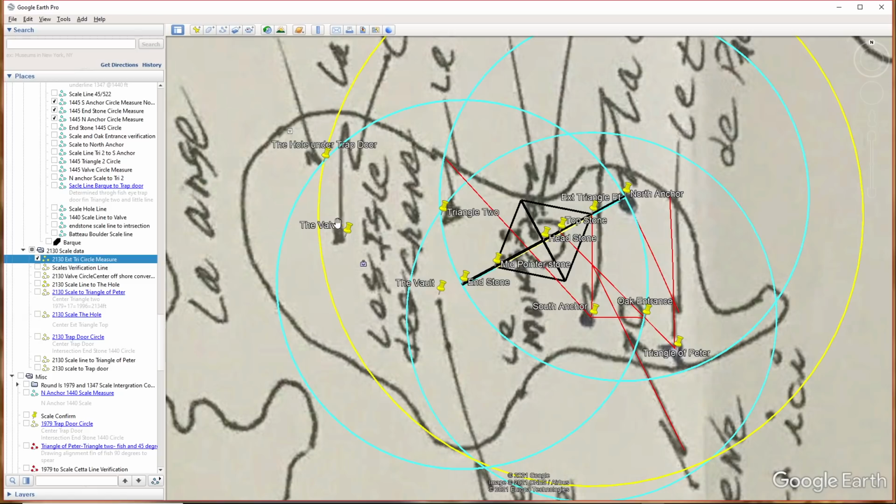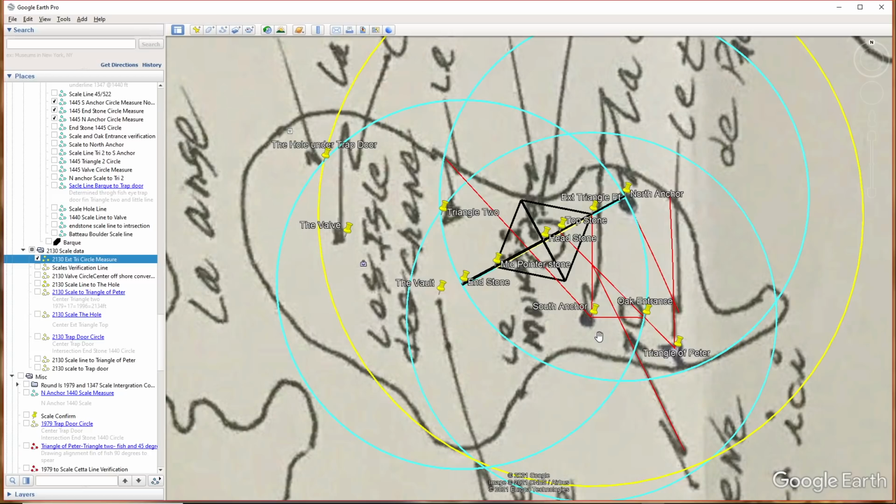I'll just put it up. See? The extension triangle is what gives you the second reference to the hole under the trap door. So by locating the south anchor, we get Triangle 2.